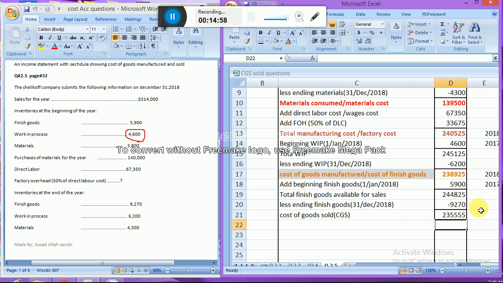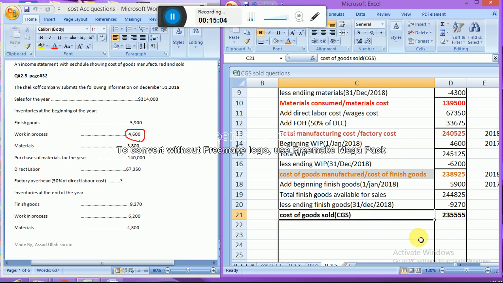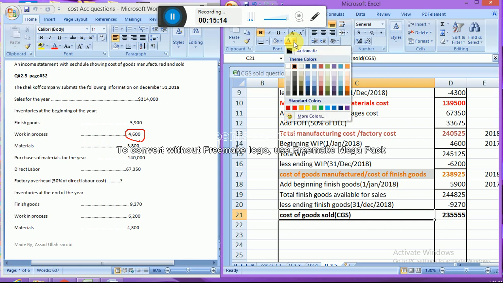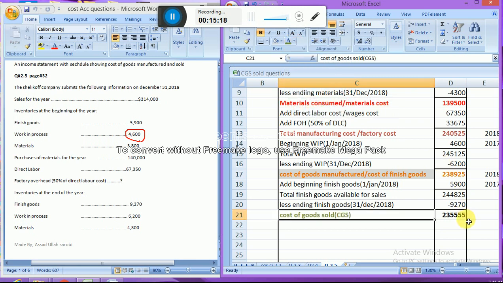So we find out the cost of goods sold: during the year we sold 2,35,555 finished goods.